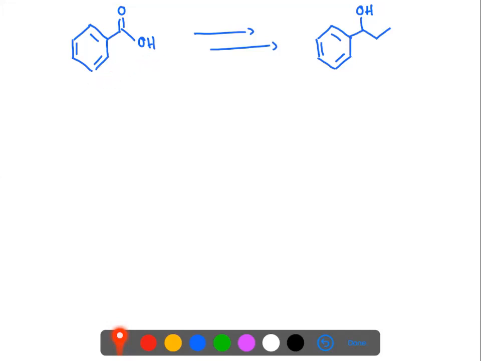That's primarily because you have a good source of protons, and that will quench the reaction, even under excess conditions. So that is most likely the first step that we need to consider. How do we prepare something from the carboxylic acid that will be more amenable to a Grignard type reaction or some other carbon nucleophile?